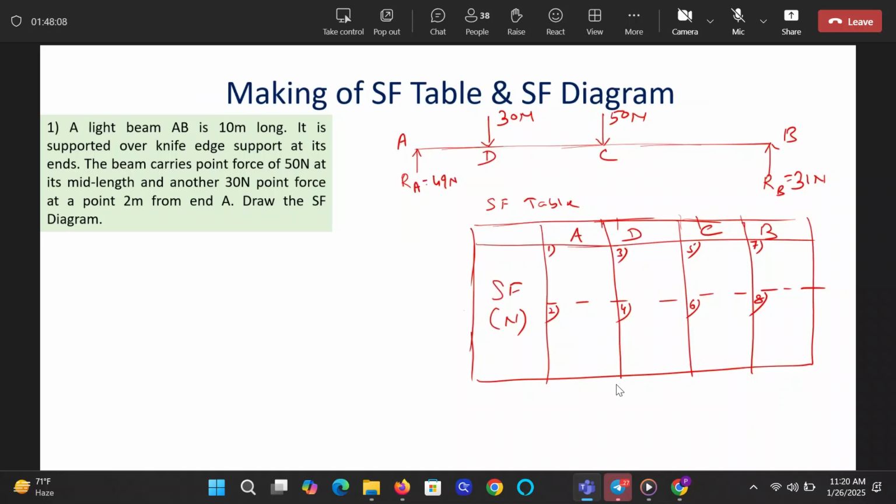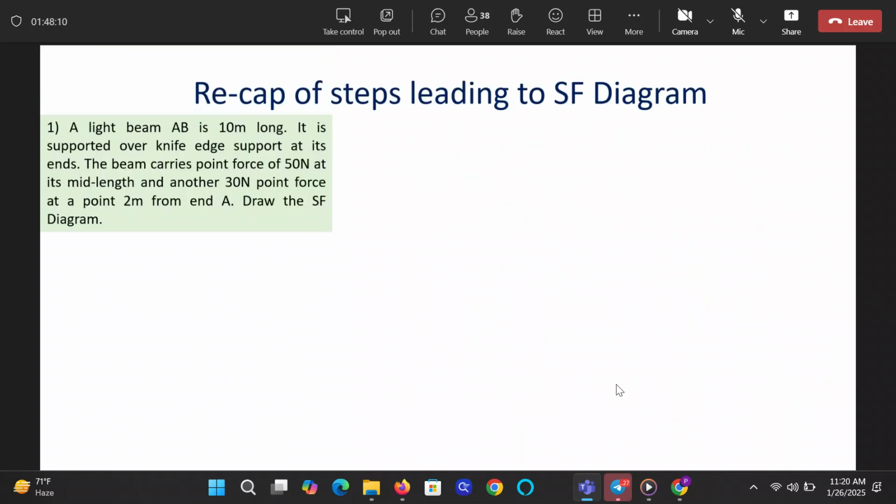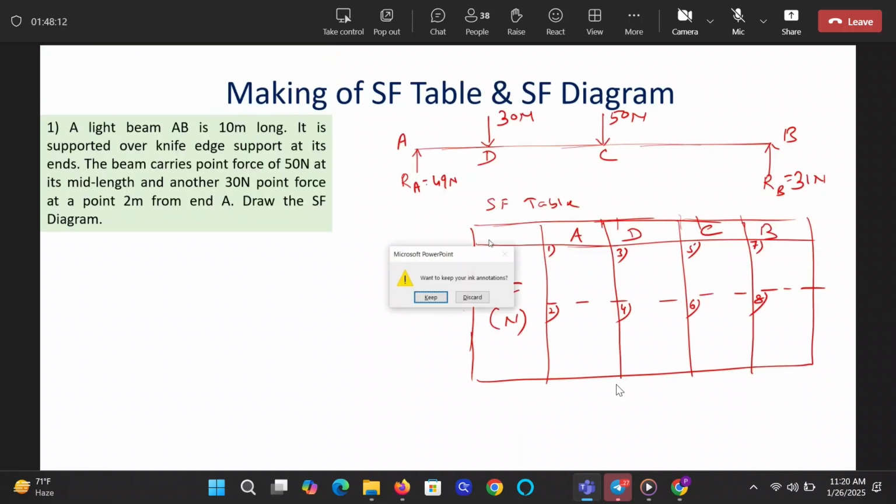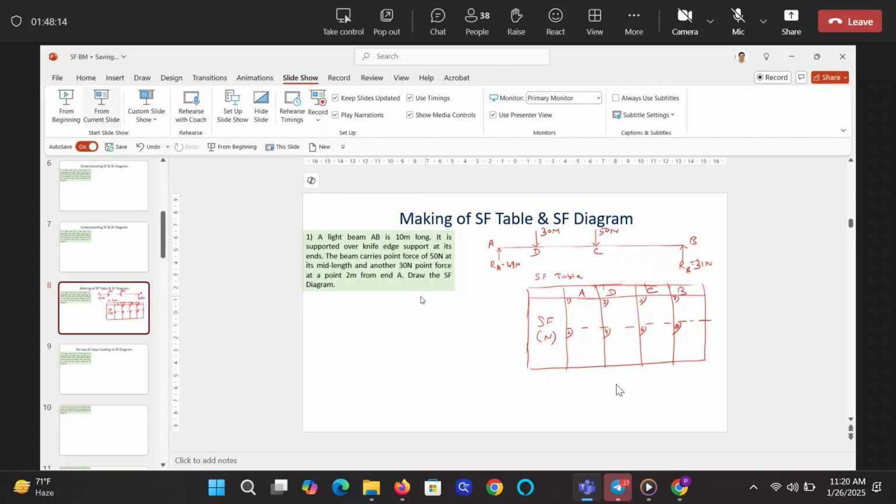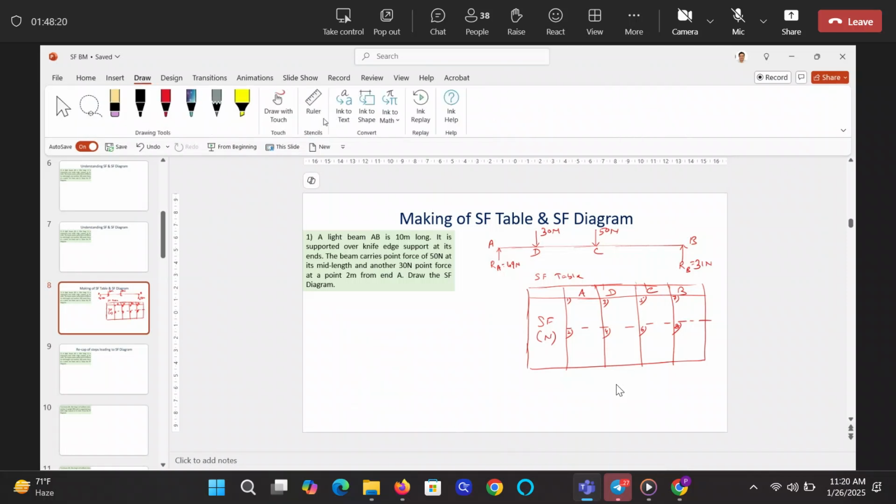Everything I have deleted. This is too much. Okay, guys. Now I'll not be able to use the screen here.